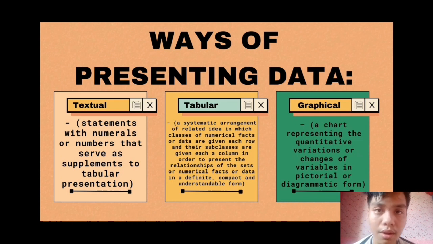Next is graphical, a chart representing the quantitative variations or changes of variables. Pictorial or diagrammatic form.